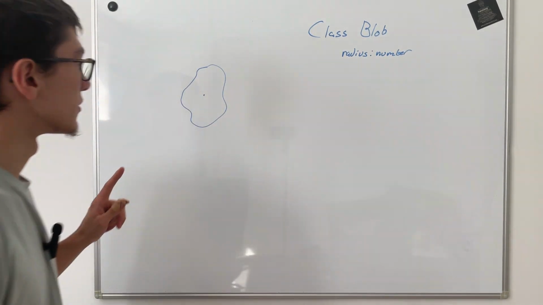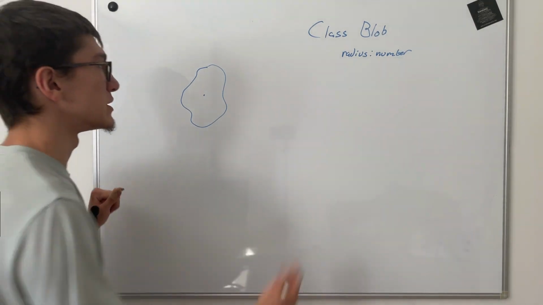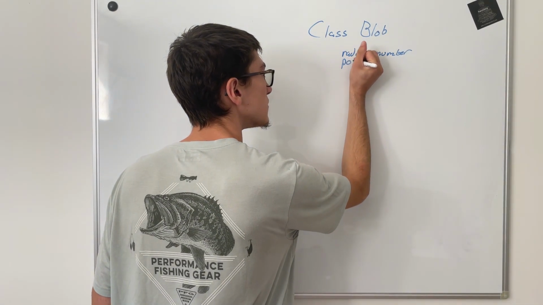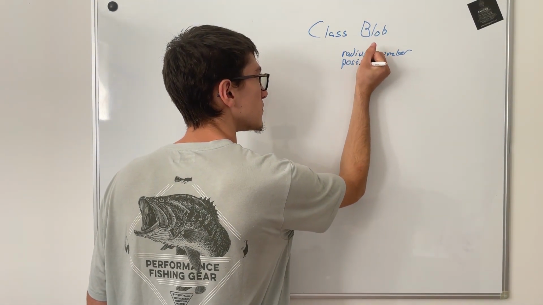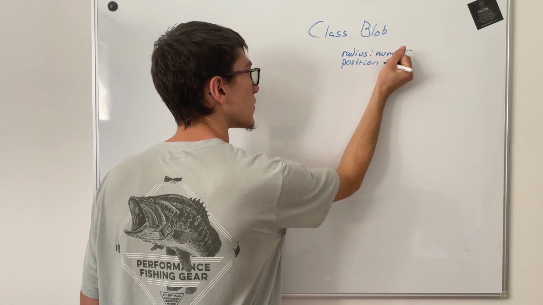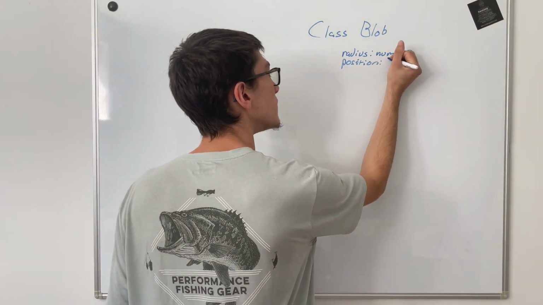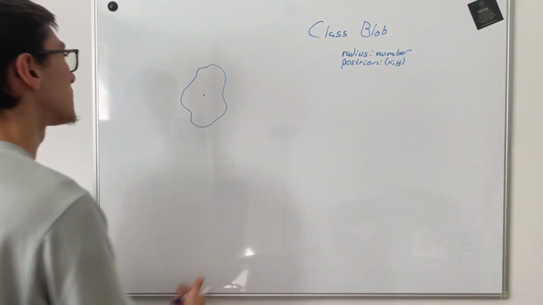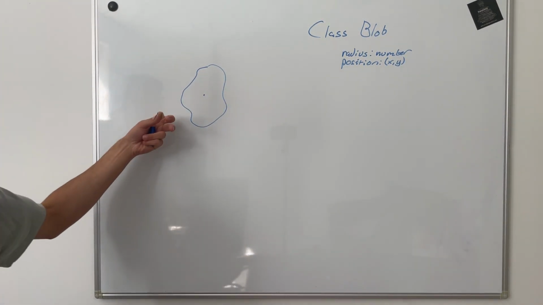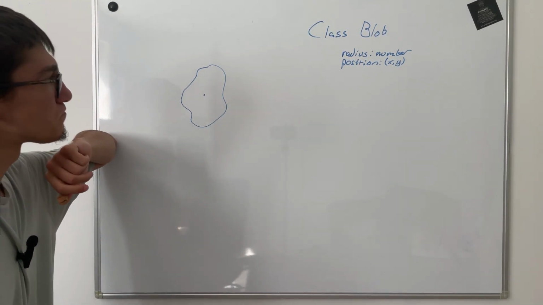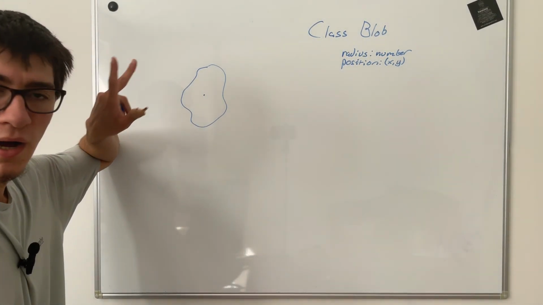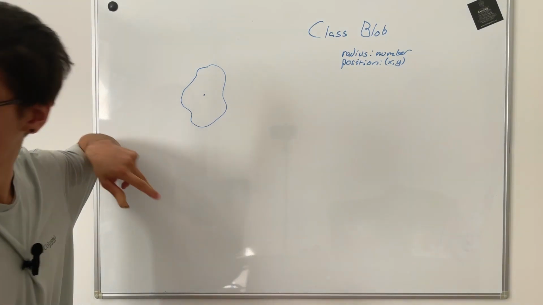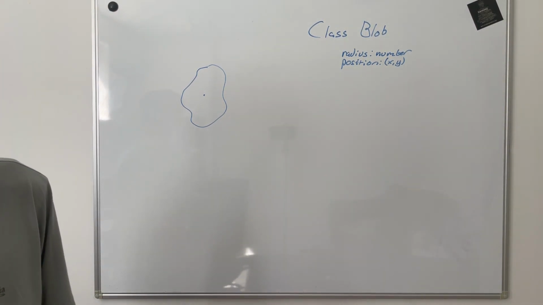What else would we want? Maybe a position. So an XY value, so we'll use a vector for that. What else could we need? I mean, the velocity and everything, I guess, based on what I'm seeing.